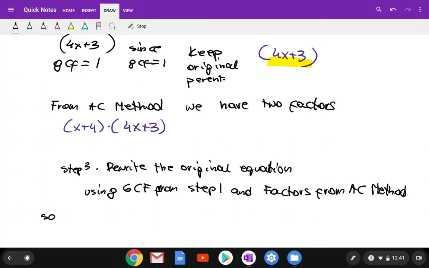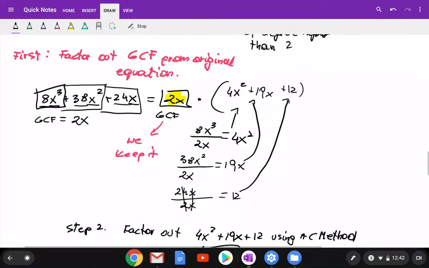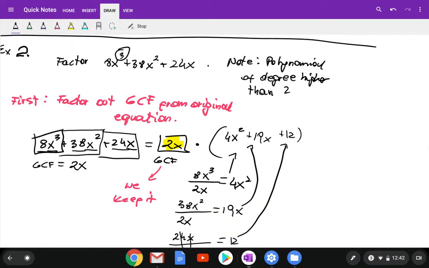So going back to the original problem, which is 8x to the third power plus 38x squared plus 24x equals the original GCF. This is what we did at the beginning, step 1 right here. I'll just write that this is step 1. The GCF is 2x.